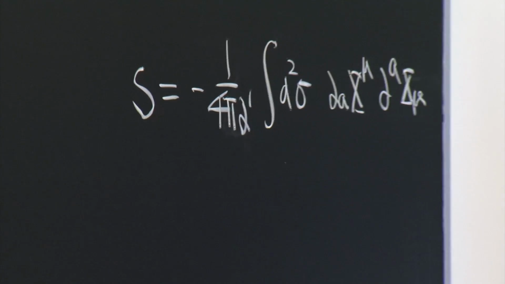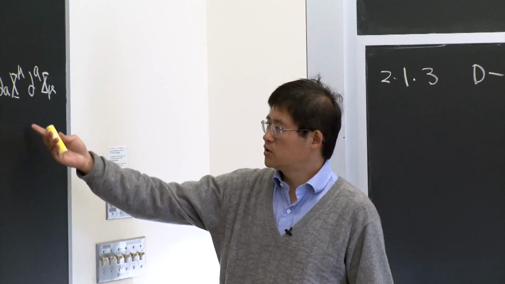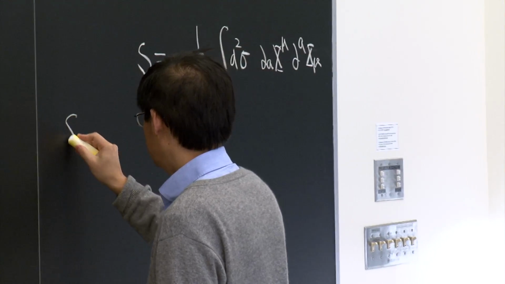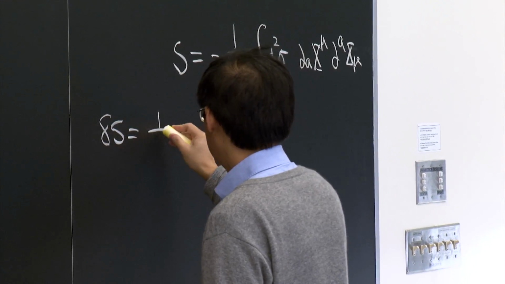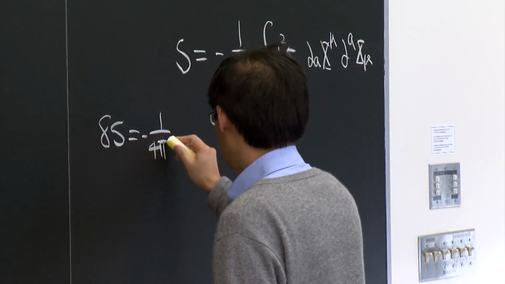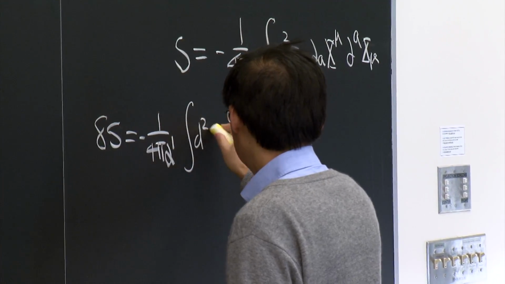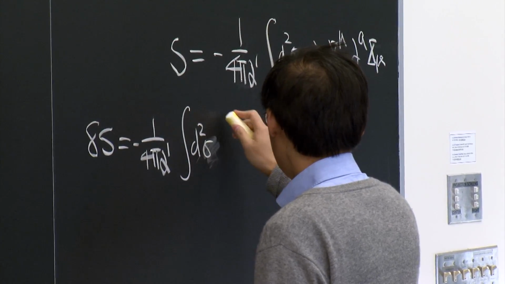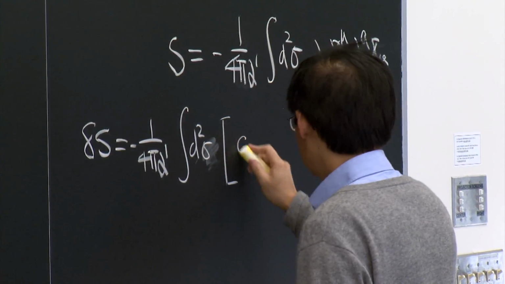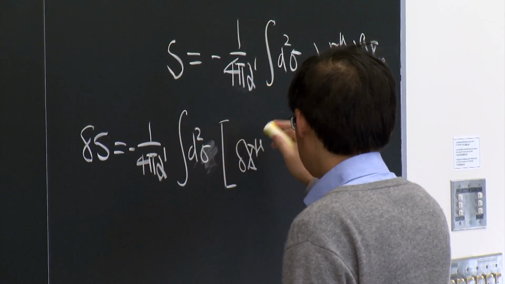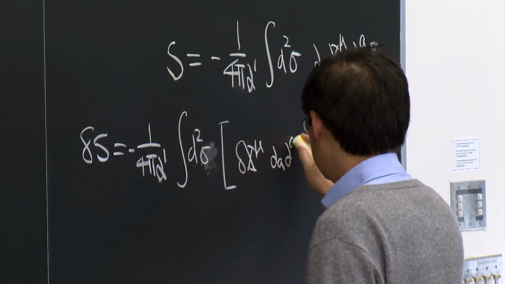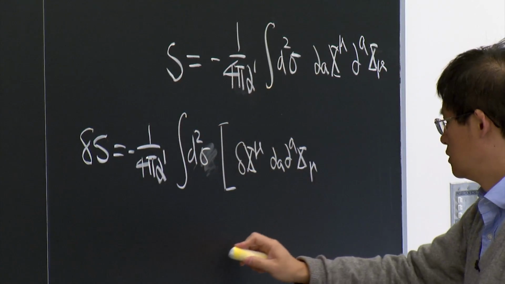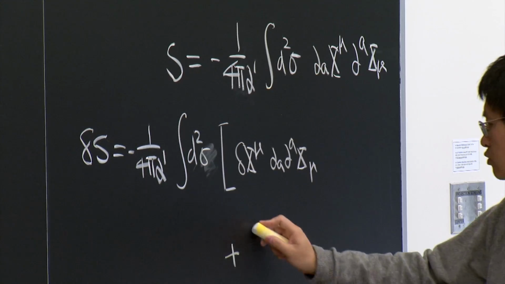When you obtain the equation of motion for x, you need to do an integration by parts, plus a total derivative term.